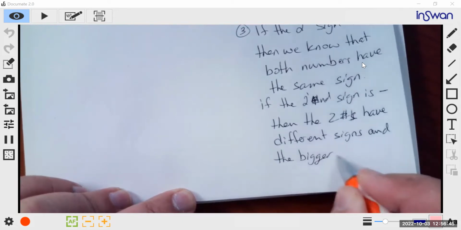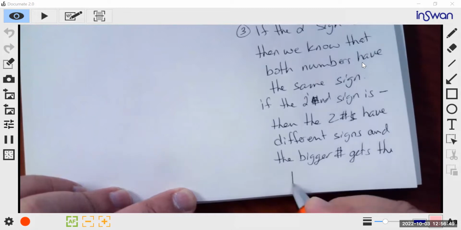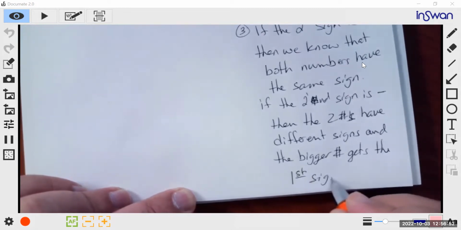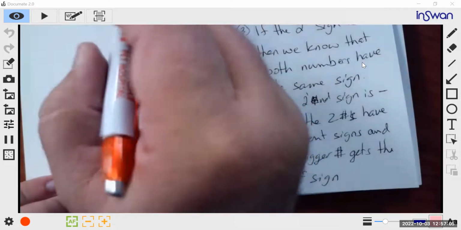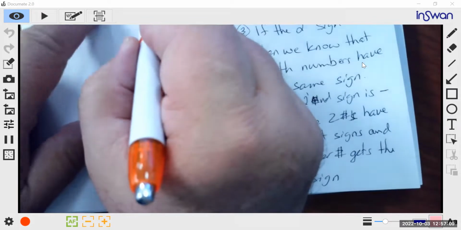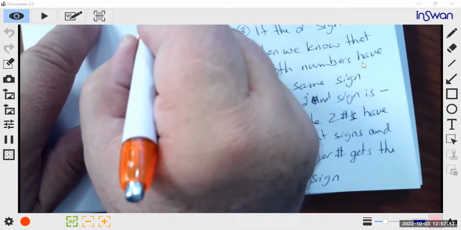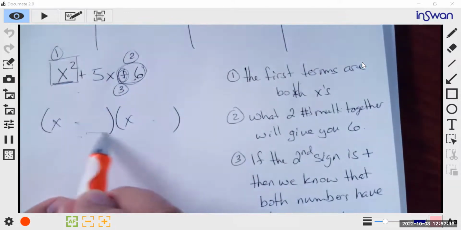And the bigger number gets the first sign. So if the second sign's a minus, that means both of these signs here have to be different. The bigger number, if this number here comes from this times this.